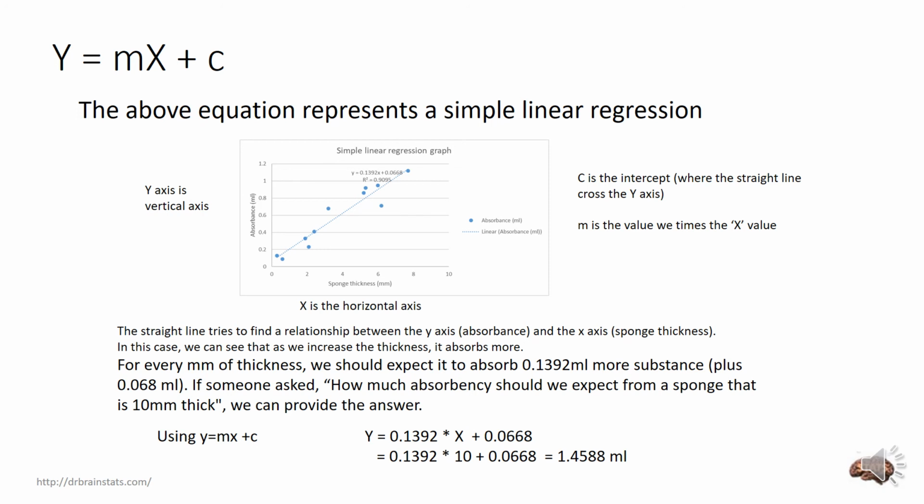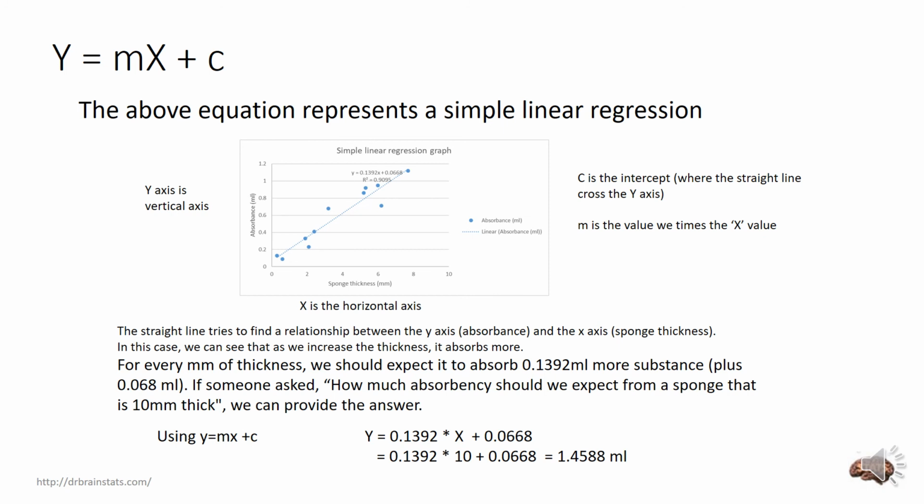So how will we put this into practice? If someone asked how much absorbency should we expect from a sponge that is 10 millimeters thick, we can provide the answer using y equals mx plus c. So we know that for every millimeter we expect 0.1392 milliliters to be absorbed. So we put 0.1392 times x plus 0.0668.